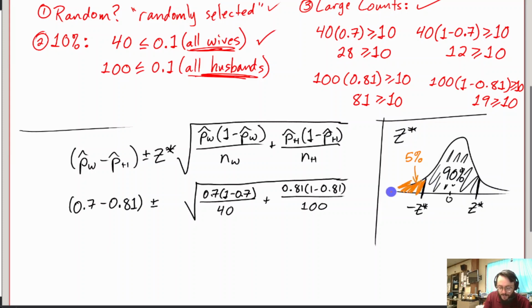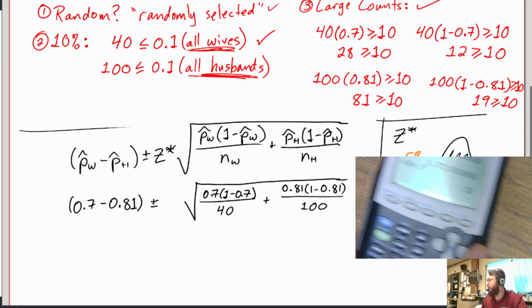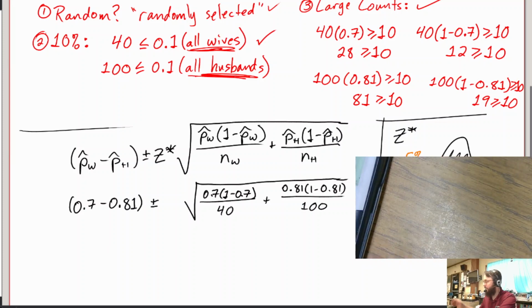So we can use inverse norm with an area of 0.05. I'll show you on the calculator how to get that.